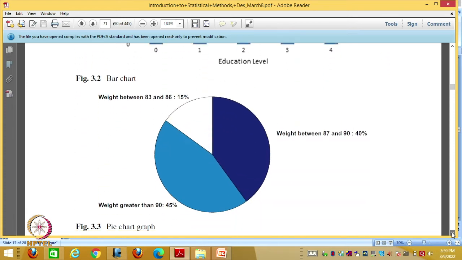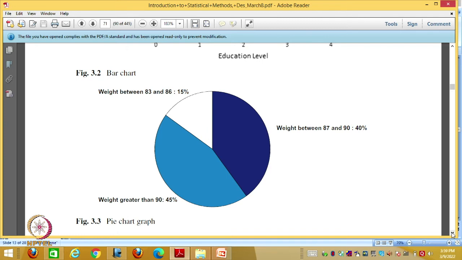And it is possible to make a pie chart also with respect to the weights. So, how many officers have weight between 83 to 86, what percentage, and similarly how many officers have weight between 87 to 90, like that you can make a pie chart.